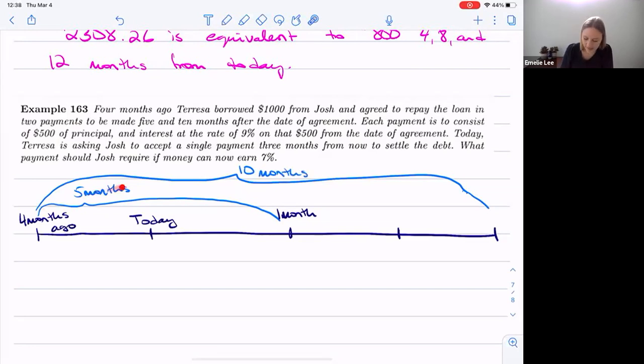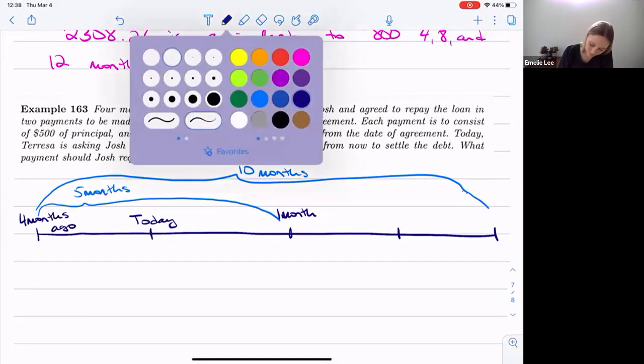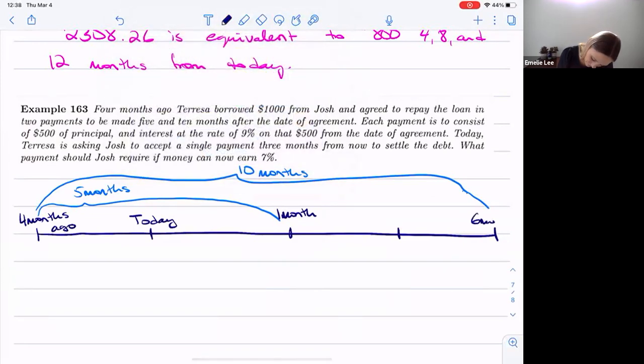So this length of time is going to be 10 months, but in terms of my timeline, referring to today, this is going to be at 6 months. And then she wants to make a single payment 3 months from today. So then this would put us at 3 months. Okay.